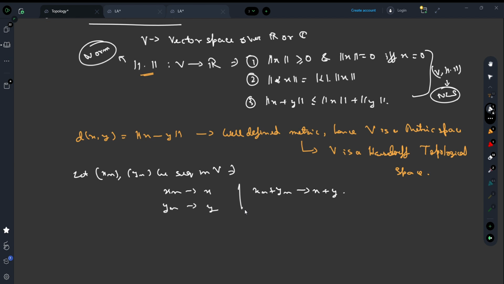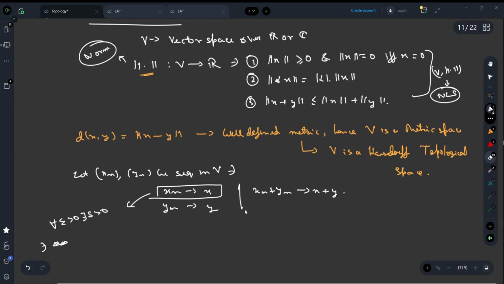Now, what is convergence under a norm? It's very obvious to observe. You can relate this with the delta epsilon definition in real analysis. That is, this typically means for all epsilon greater than 0, there exists an n naught in N, such that whenever n is greater than or equal to n naught, norm of xn minus x is less than epsilon. We are talking about sequences, right? We are not talking about arbitrary limits.